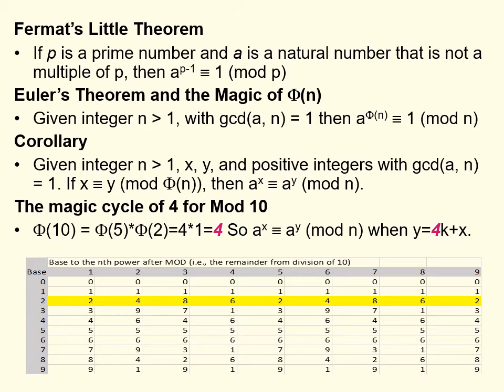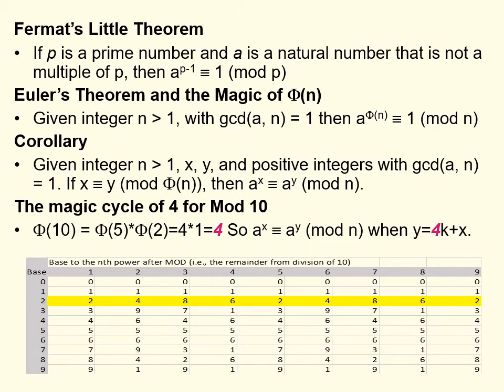It uses a number also called the totient number, or Euler's phi function. Again, there are a lot of phi functions, but this is the Euler's phi function that's specifically used in modular arithmetic here. And what it's saying is, again, very similar.